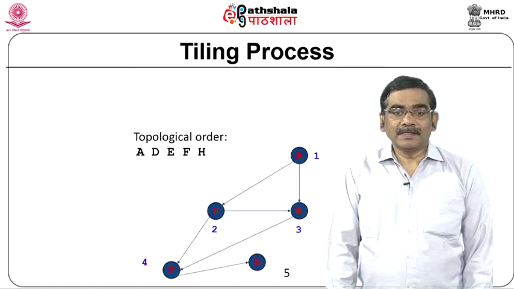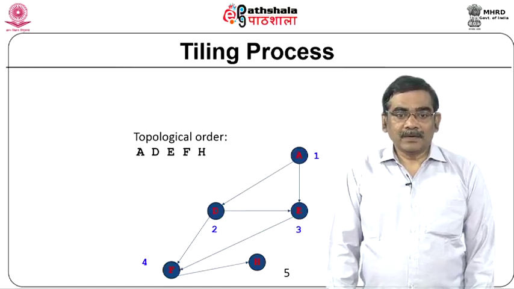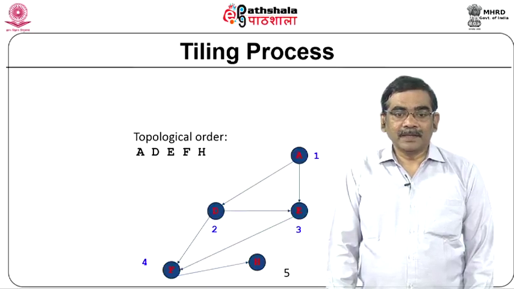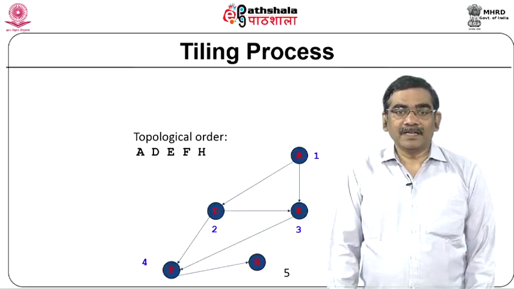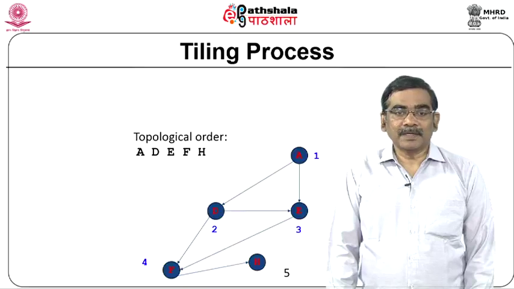So, you can see very well the topological order is the reverse of this. Therefore, it is going to be A, D, E, F, H. This is the topological order for this graph.